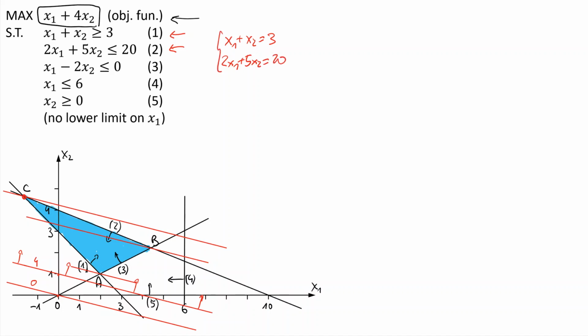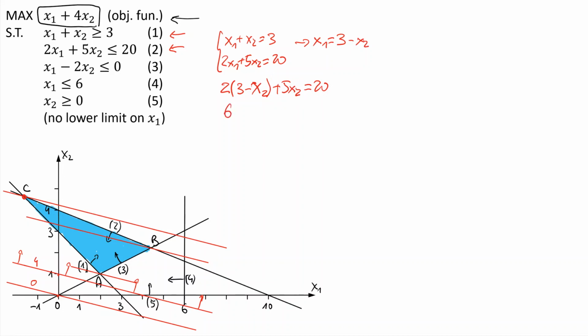Let me take x1 equal 3 minus x2 from the first, and then plug in for x1 in the second equation. So it will be 2 times (3 minus x2) plus 5x2 equals 20. That's the second equation where I substituted 3 minus x2 for x1.